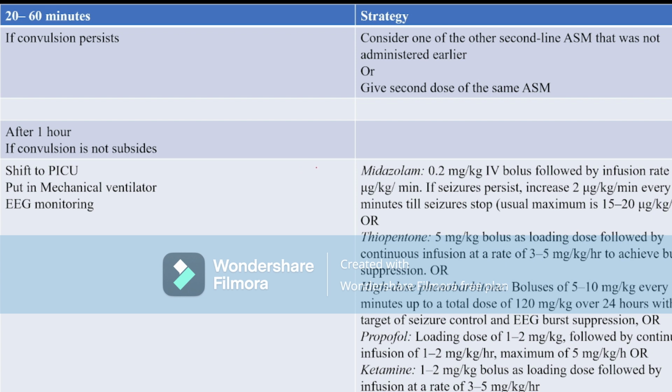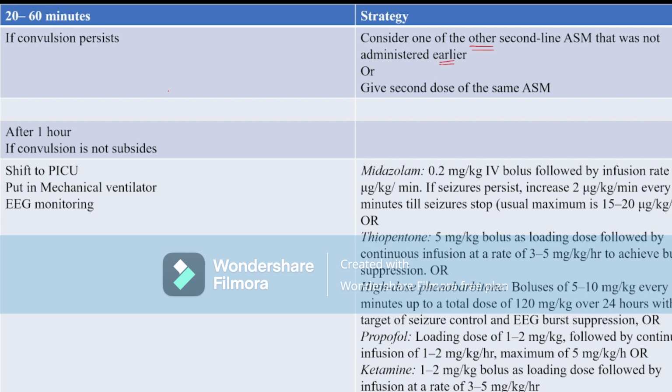We can start with a continuous infusion of midazolam or an anesthetic drug, or you can go for a second line drug other than what was given previously. That means if the seizure has not subsided after the first second line anti-epileptic drug, we can consider giving another second line anti-epileptic drug that was not administered earlier.